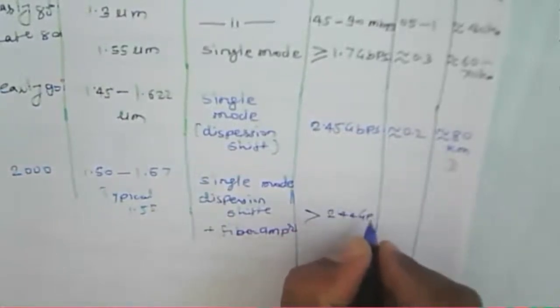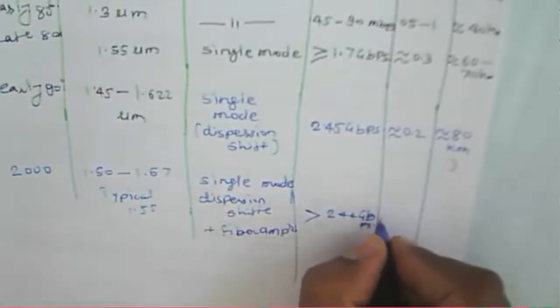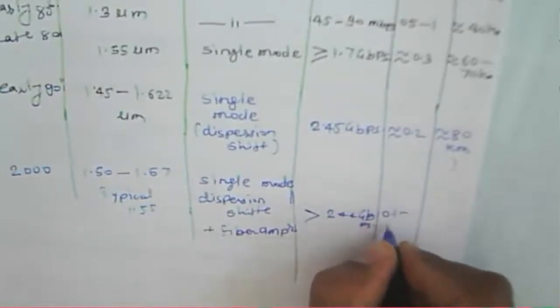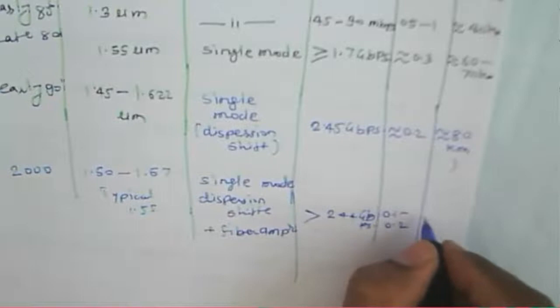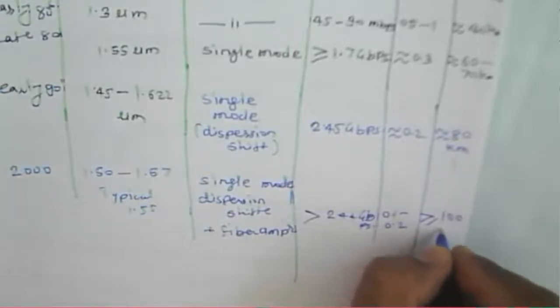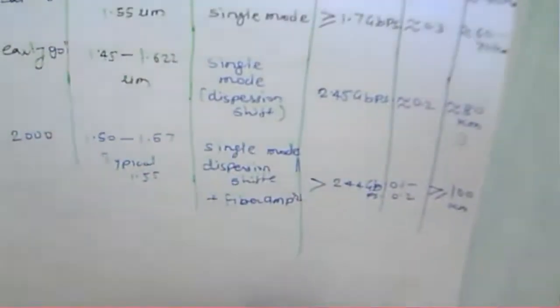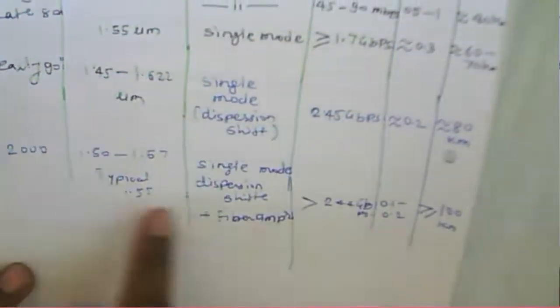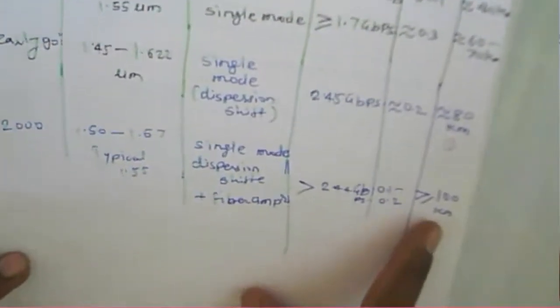The rate is about 2.44 Gbps, the loss is about 0.1 to 0.2, and the length increases to 100 kilometer. These are the evolutions of fiber, which people have changed one by one. Nowadays a repeater is to be used after every 100 kilometer.